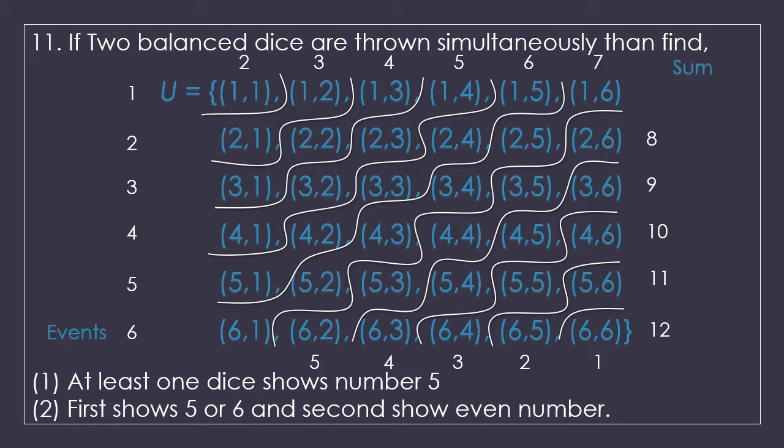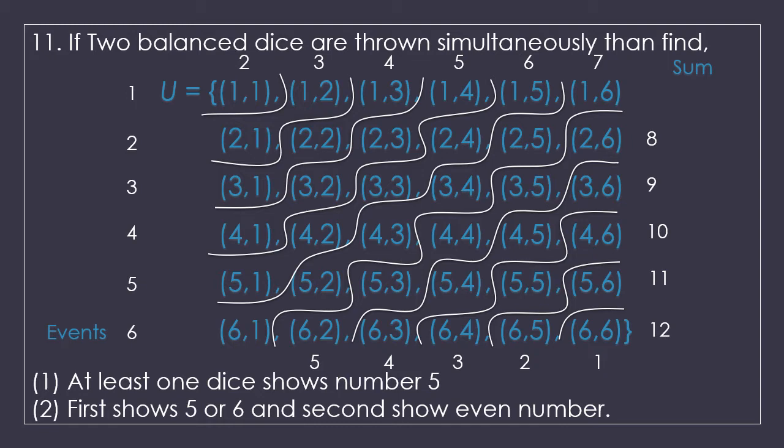For example, at least one dice shows number 5: just take all the outcomes in which at least one has a 5 and divide by 36 and you will get your answer. But no, textbook people don't want that.